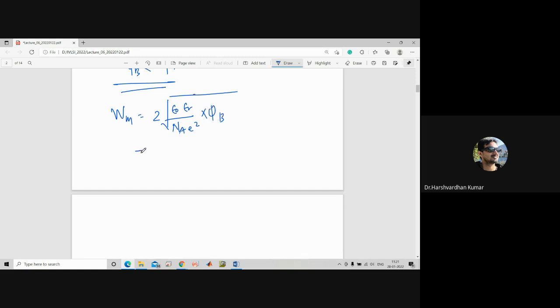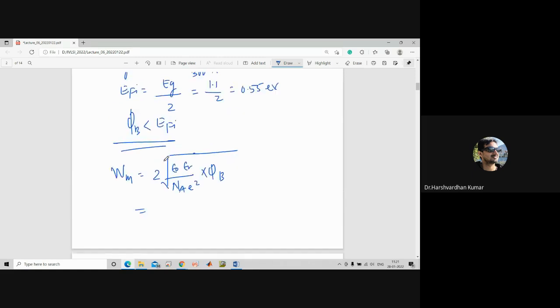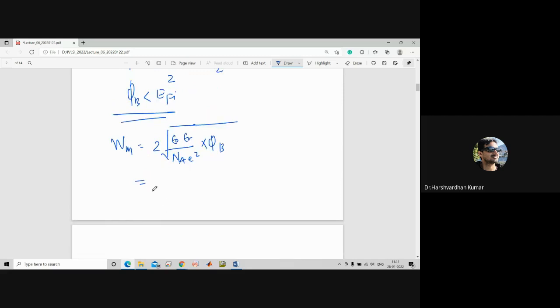So substitute all these values: 2 epsilon, where epsilon-0 is 8.85 into 10 to the power minus 12, epsilon-r is 11.7, divided by Na.